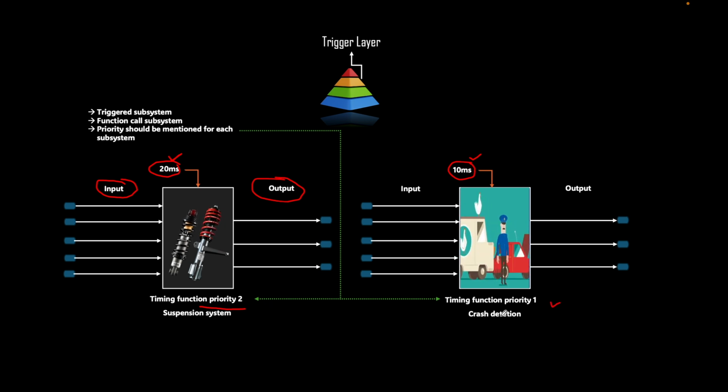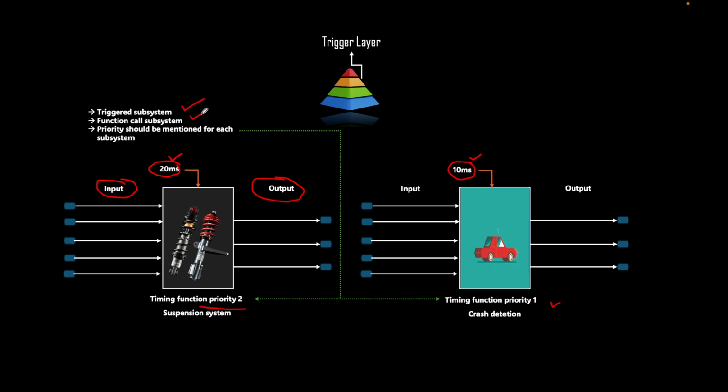Based on that, it will be triggered or prioritized, and the execution order also will depend on such prioritization. So at this level, you need to have multiple triggered or enabled subsystems. That is the first point.